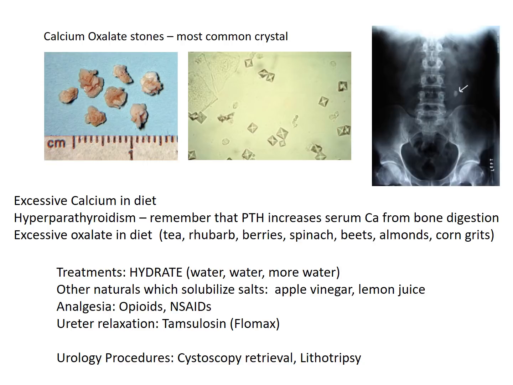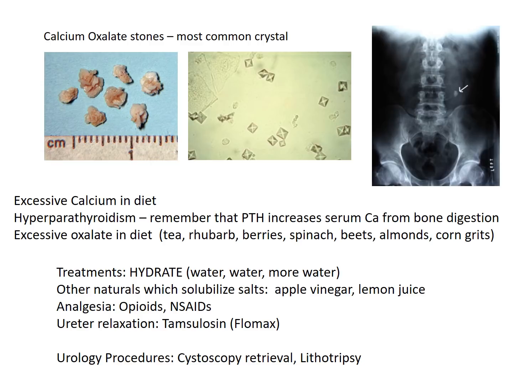So calcium oxalate stones are the most common. Individuals who have very high calcium in their diet, individuals who suffer from hyperparathyroidism. Remember parathyroid hormone. Parathyroid hormone activates osteoclast cells to begin chewing up bone to release calcium out of bone into systemic circulation.